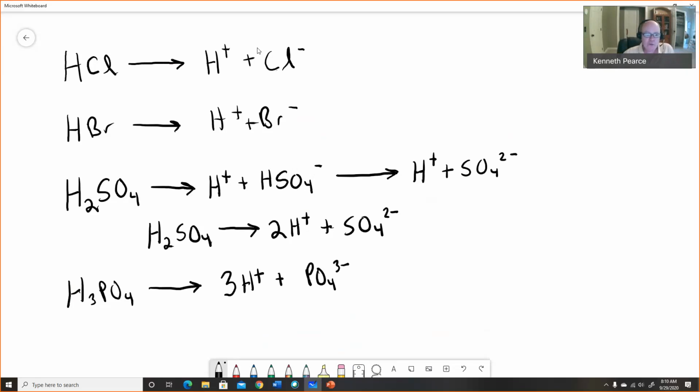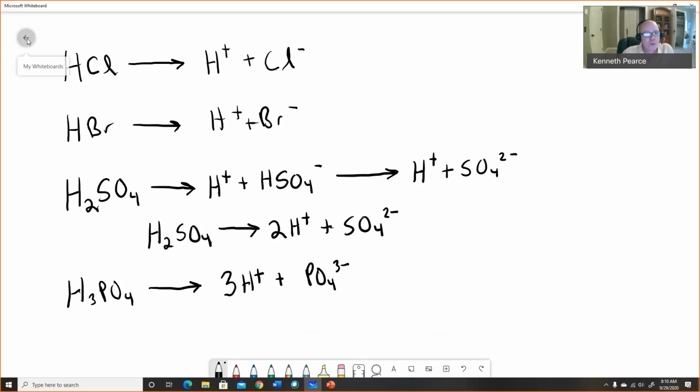And so when acids dissociate, this is what you get. You get the H plus, a proton, plus whatever the polyatomic ion or element anion that comes off as well. And so it's the H plus that's going to actually be doing the reacting. The chloride, the bromide, the sulfate, the phosphate, those are there predominantly for charge balance.